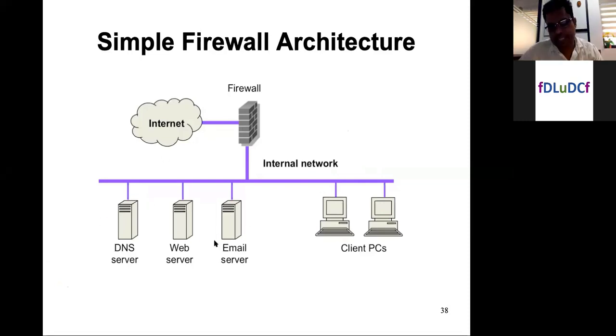This is the very simple firewall architecture in slide 38. These are the public organization servers, and then there are PCs. It's only a firewall. If we use such architectures, those servers need to be on a different subnetwork. That is a very simple rule which I do not recommend using in any organization. So obviously the weakness which you mentioned is there. This is just to illustrate the simplest architecture of a firewall, not to be used in any practical situations.